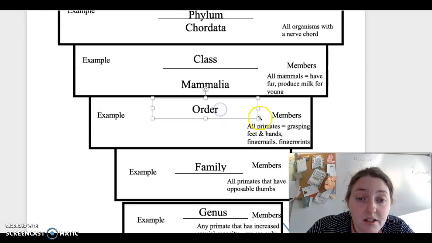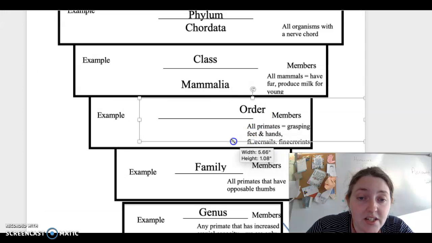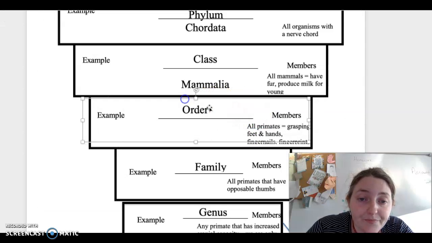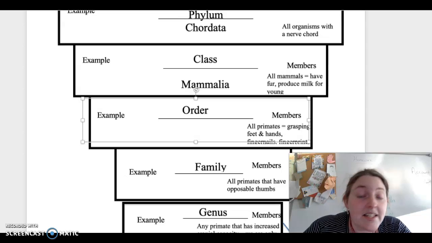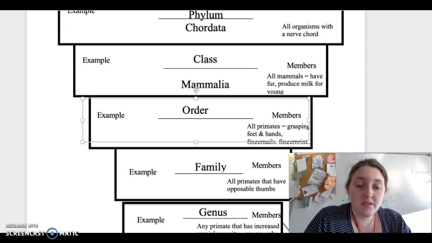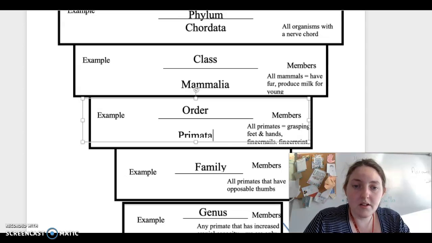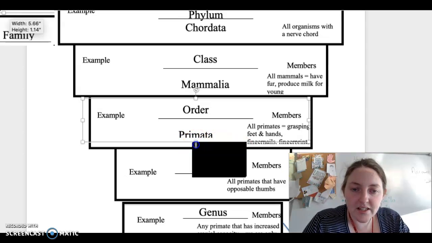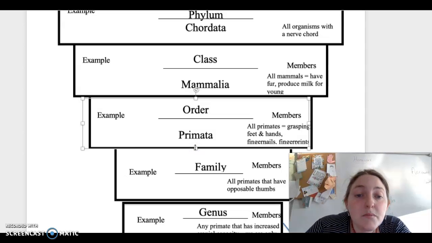Our next classification name is order. Our order contains all primates that have grasping feet and hands, fingernails, and fingerprints. So, for those who can't see that, our order is called Primata.